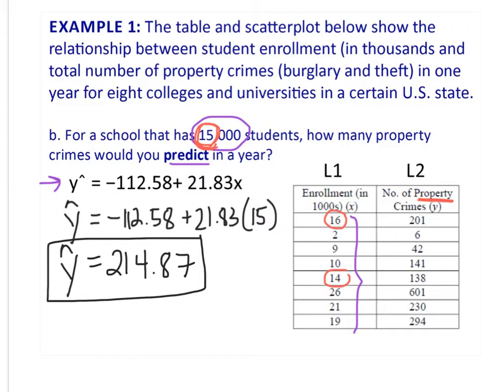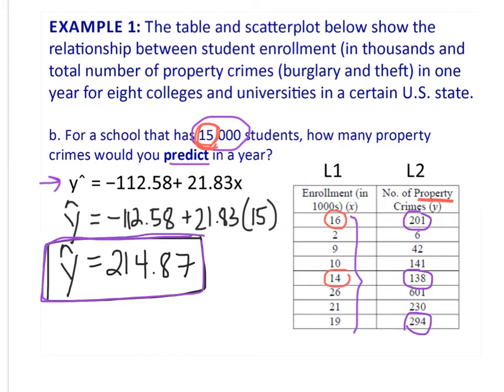Well, this is saying that if I have 15,000 students, I'm estimating that there's going to be 215 crimes. Now, before you jump to the next problem, just take a minute and look at this number compared to the numbers close to 15 in the problem. You can see that the numbers at 16 were 201, at 14 were 138, at 19 were 294.